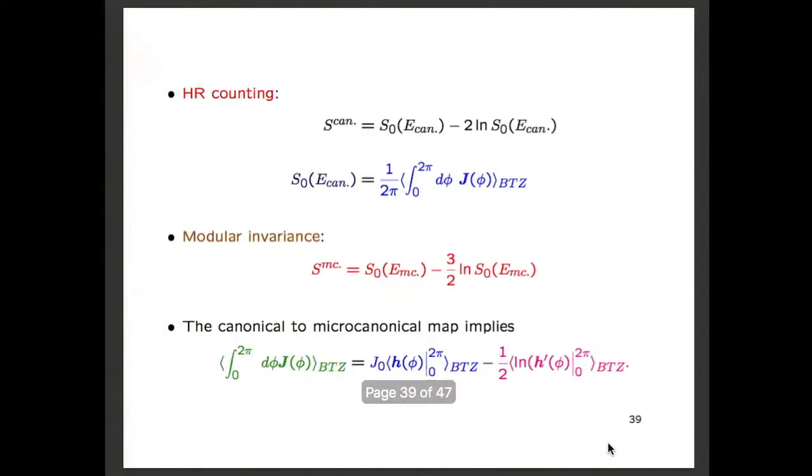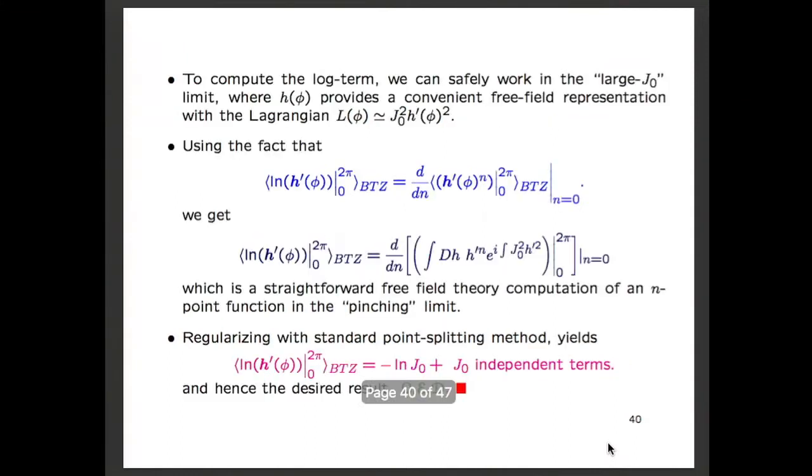So in a sense, here I need to replace this with log of J naught, and there's a factor of -1/2, which accounts for the mismatch. So if I do the conversion between the canonical and microcanonical ensembles, I'll get the correct logarithmic correction.